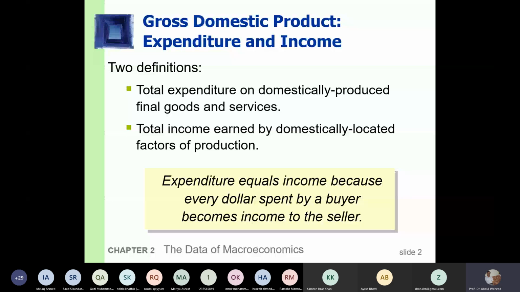And from the expenditure side, we have consumption expenditure, government expenditure, investment expenditure, and net export. If we add all these components of aggregate expenditure, we will get gross domestic product. Because expenditure equals income, GDP calculated from the expenditure approach or the income approach will give the same figure.